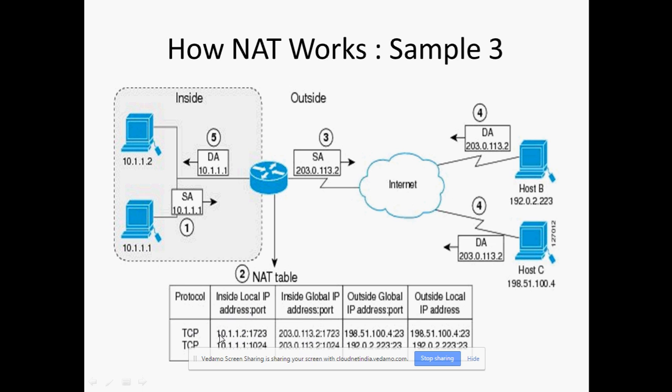So the private address inside the LAN is called inside local. The public address used for mapping in my NAT-enabled router is referred to as inside global.